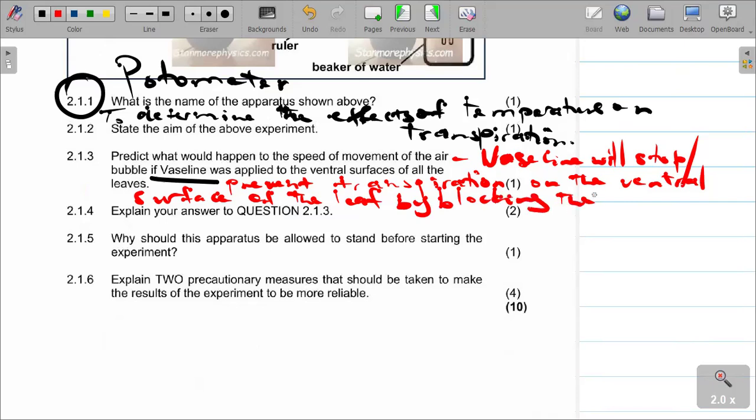The stomata will be blocked and hence transpiration will be blocked.